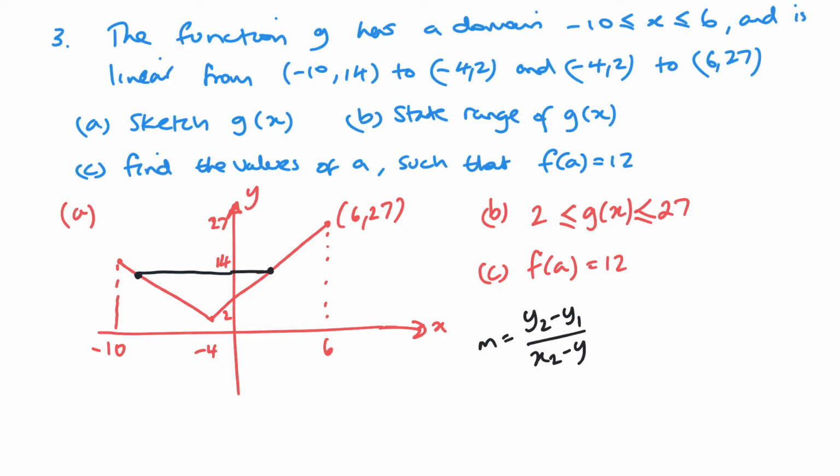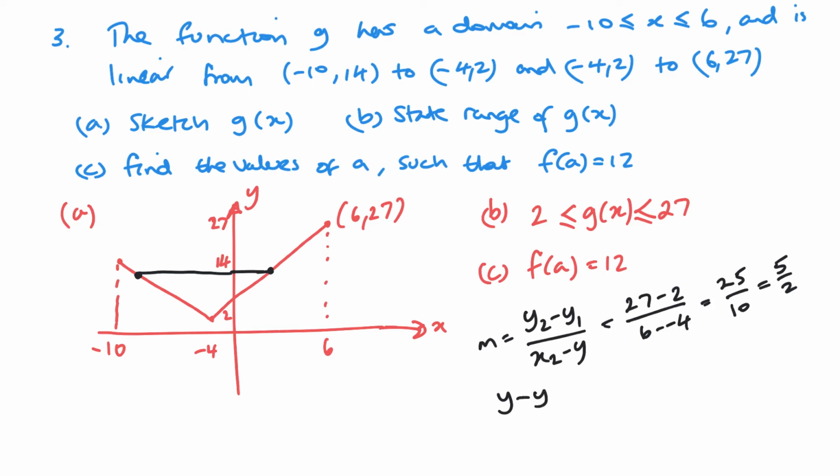This is one way of doing it. So we've got 27 minus 2 over 6 minus 4. So it's 25 over 10. So divide them both by 5. So 5 over 2 is my gradient.